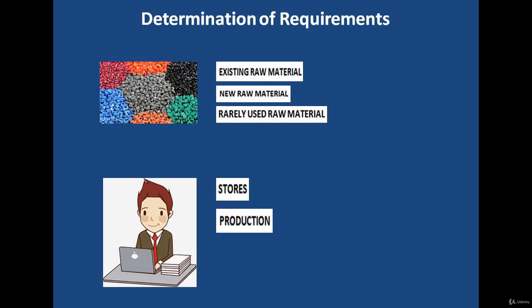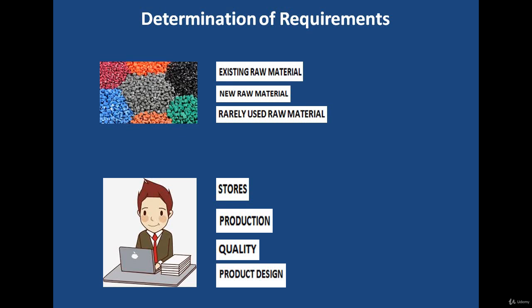It may be production person who wants the raw material in the production process to prepare a finished product. It may be a quality person. For some important reason, the quality person wants that raw material to check the standards and give a report to the management and so on.